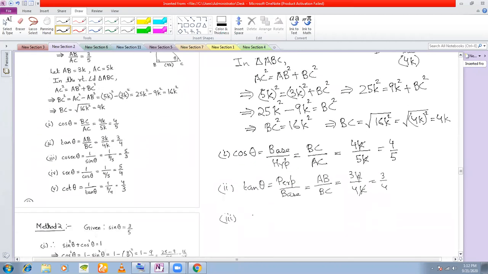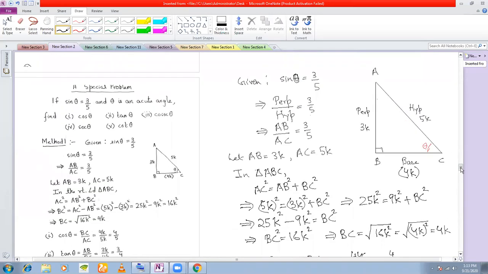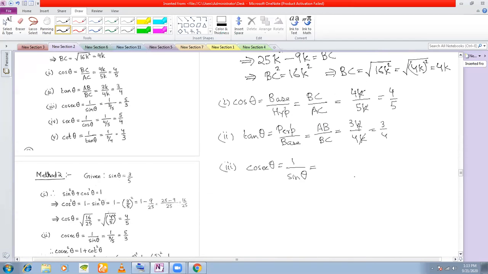And cosec theta. Cosec theta is nothing but the reciprocal of sine, so you can find it from sine. Cosec is 1 by sine, and sine here is given to be 3 by 5. So 1 by 3 by 5 is nothing but 5 by 3. This is your cosec. Next is sec theta, which is the reciprocal of cos.